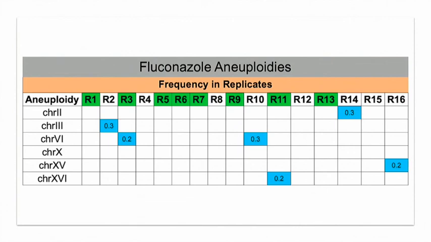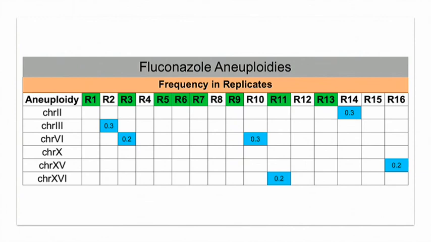So you can see a few things. One is that in all the fluconazole replicates, we have 1, 2, 3, 4, 5, 6 aneuploidies. They only reach a max frequency of 30%. So first of all, that's not the dominant way they adapt at all, but it's certainly happening.